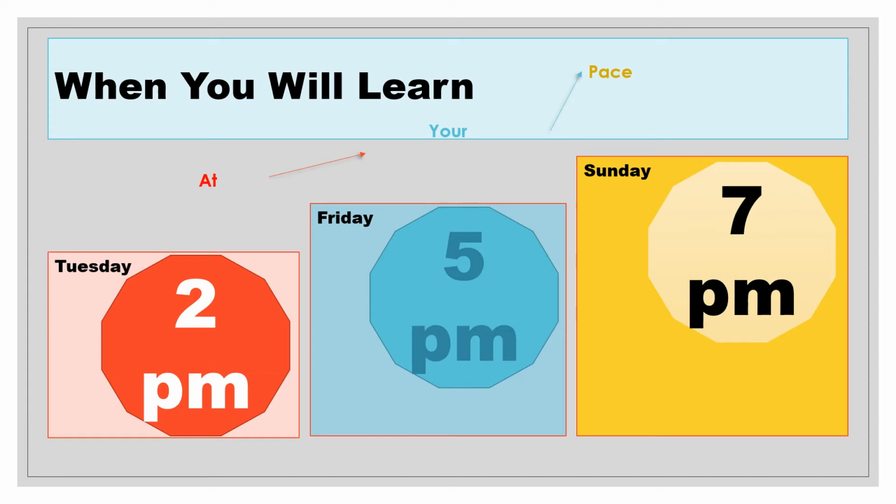Basically, we'll be following along a textbook, and the 3 opportunities are Tuesday at 2 p.m., Fridays at 5 p.m., or Sundays at 7 p.m. So I made the days and times really easy, kind of phonetically to remember. So Tuesdays at 2, Fridays at 5, Sundays at 7.